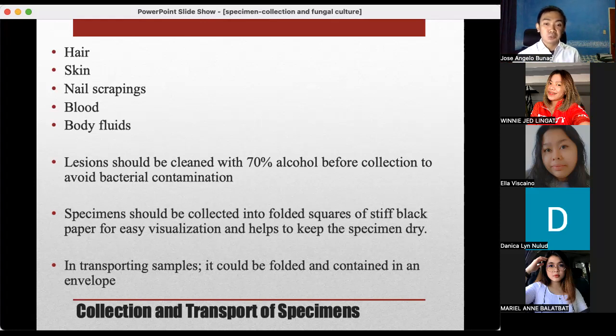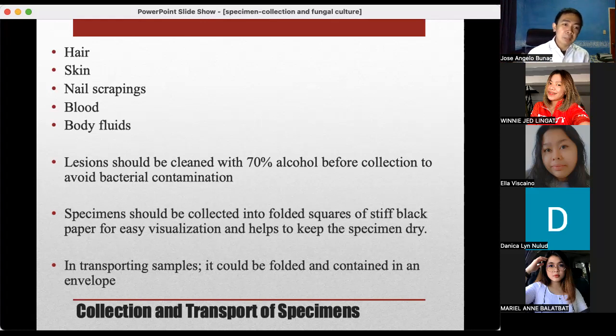Ideally, you could use your screw top tubes. Yung mga screw top tubes natin, ginagamit po siya for culture. This is preferred because it offers less hazards compared to your Petri dishes, and this has a low or reduced dehydration of media.